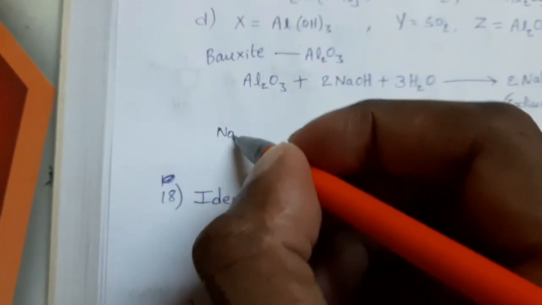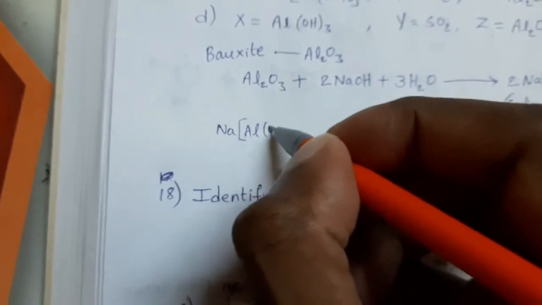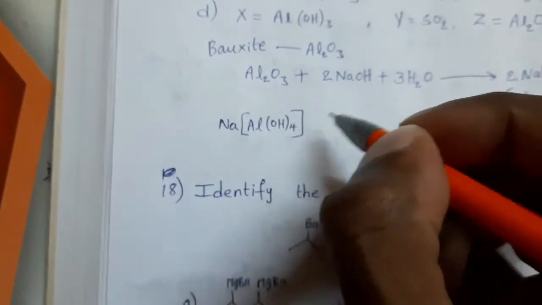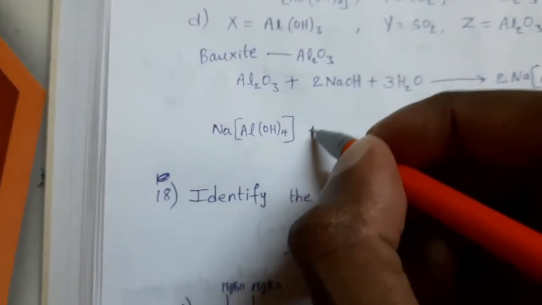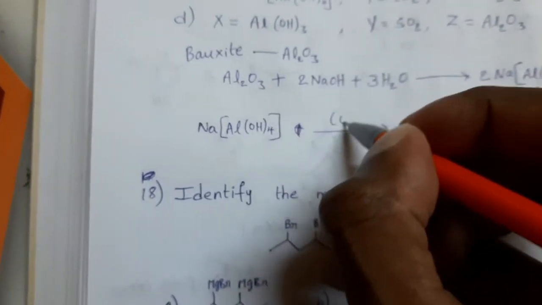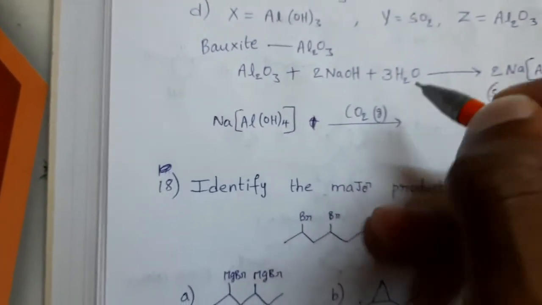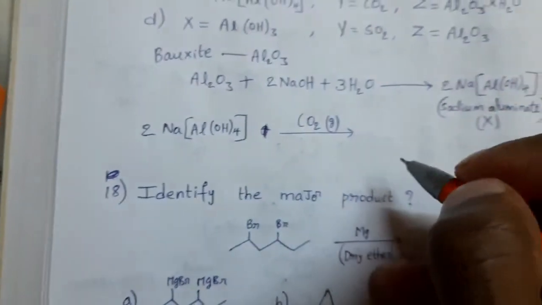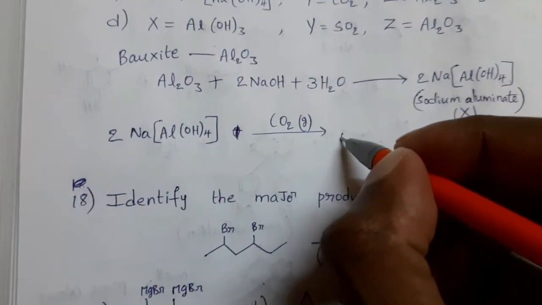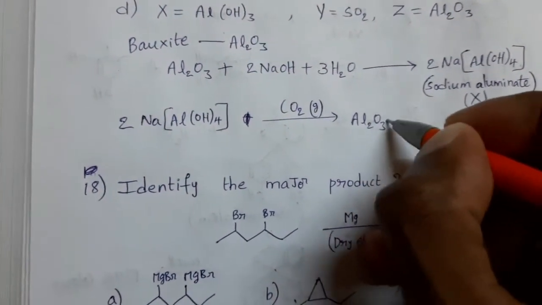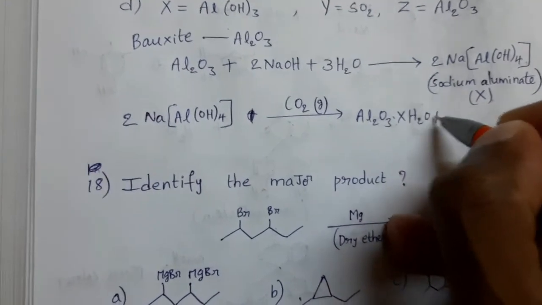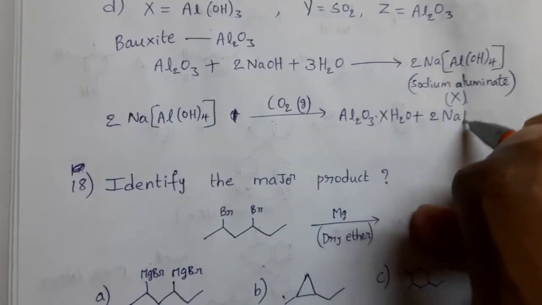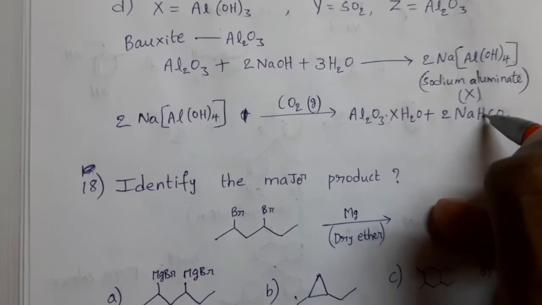This sodium aluminate is treated with carbon dioxide gas. Then we get Al2O3 x H2O plus 2NaHCO3.